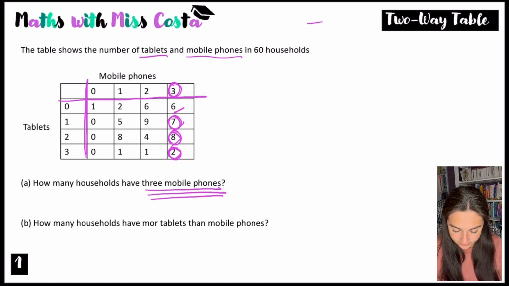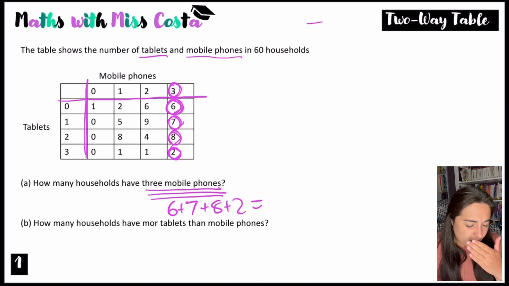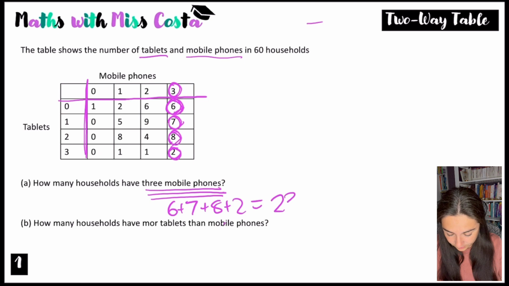So all I need to do, this whole column is all of the households that have 3 mobile phones. So I add them together. 6 plus 7 plus 8 plus 2, which is 10 plus 7 is 17 plus 6 is 23. Okay, so just add them together. I'm just going to double check with the calculator because I'm not feeling very well, so I don't want that to. 6 plus 7 plus 8 plus 2 is 23.